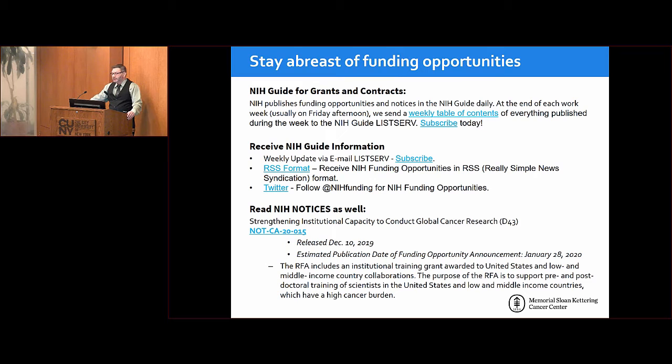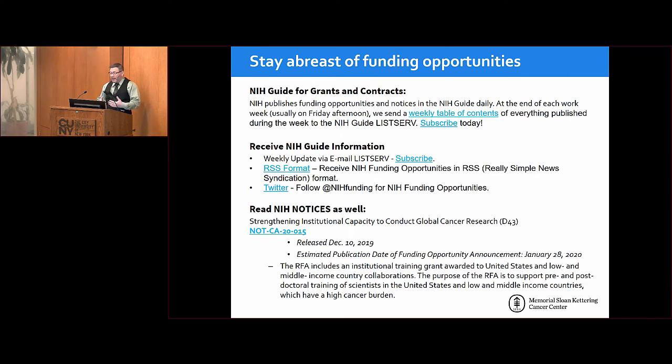This opportunity has not been released yet, but back on December 10th, they said they are interested in publishing that. The opportunity is planned to be released next week. So we've already had over a month to start preparing for this funding opportunity. Every bit of time that you get to start preparing is important, and the only reason you would have seen this is if you were following the guide.